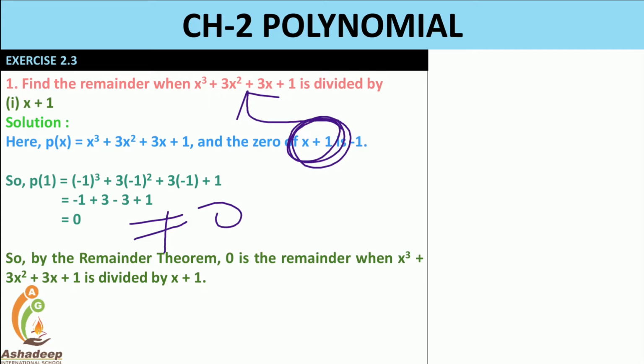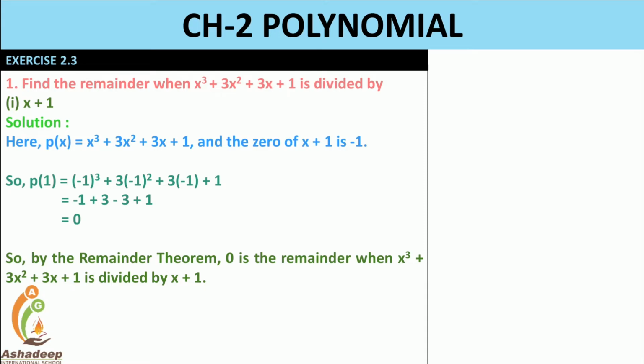In that manner you can conclude. If you want to write it down as a note, just write it down. While dividing with the remainder theorem, if the answer is 0, then we can say the given g of x is a factor of p of x. If it is not equal to 0, then it cannot be a factor. So here it is 0, so this x plus 1 is a factor of the given polynomial.